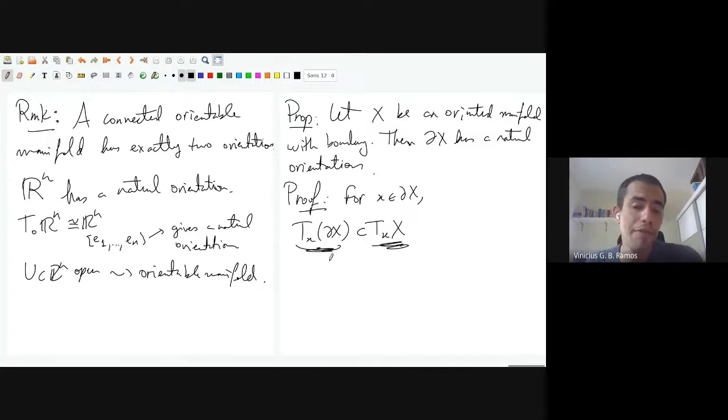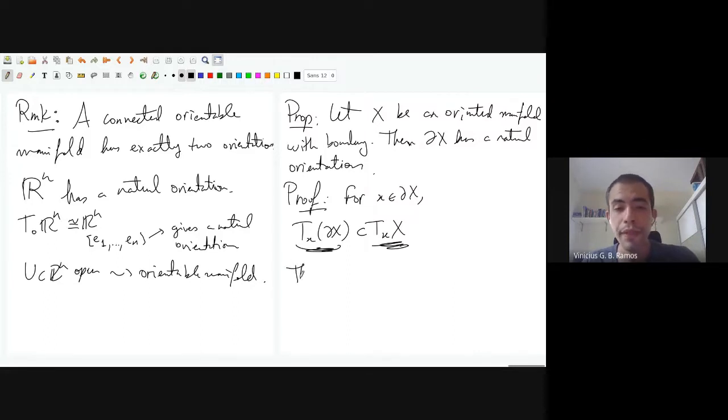If I pick a basis of the tangent space of the boundary, how do I choose a right orientation and a wrong orientation? Well, does anybody have a guess? I'm sure you've seen it somewhere, at least in a calculus class. What you need to do is find a complement of this tangent space in here, a natural way of complementing it. One way to do that is to look at the normal bundle.